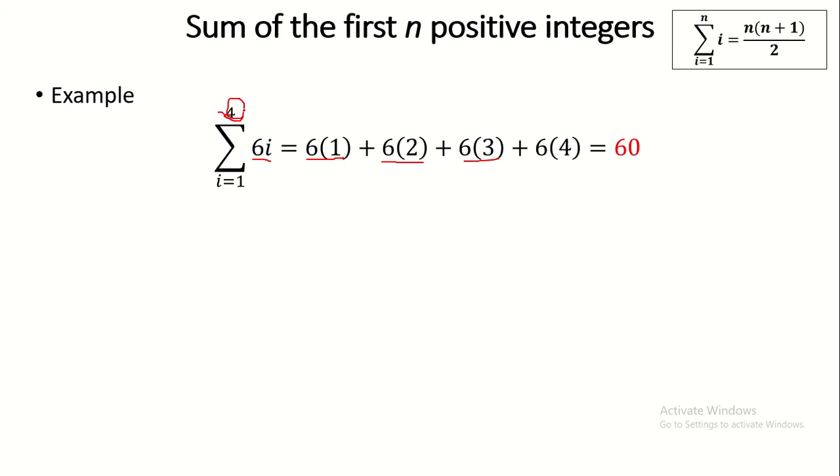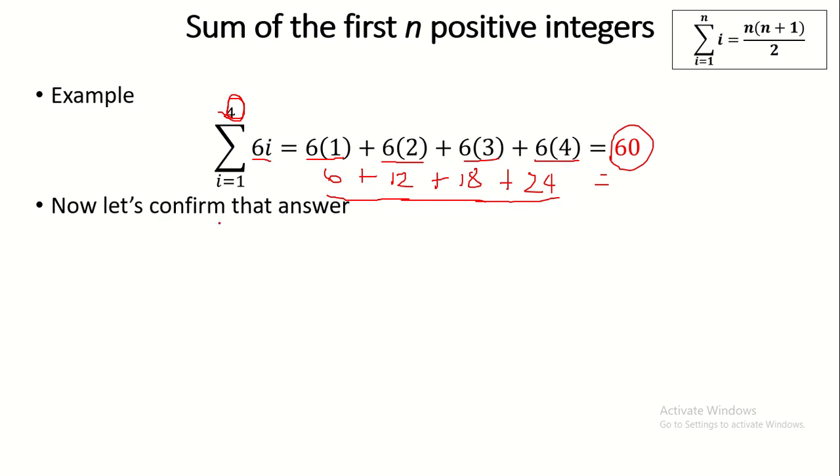And if i is 4, we have 6 times 4. Let's simplify. This is 6. 6 times 2 is 12. 6 times 3 is 18. And 6 times 4 is 24. So we have 6 plus 12 is 18, 18 plus 18 is 36, 36 plus 24 is 60.